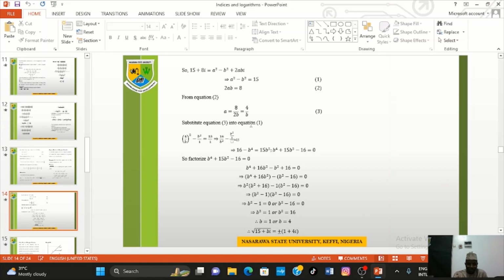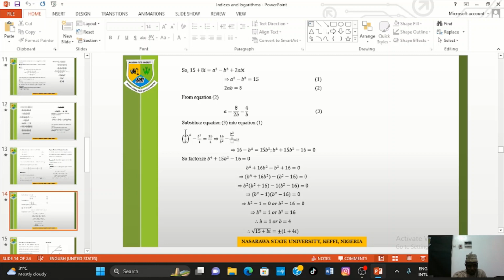So at this point, you will now substitute the result of a into equation 1. That is our equation 1, which gives us a squared minus b squared equals 15. So our a is already 4 all over b. When we replace it, we have 4 all over b all squared minus b squared equals 15.